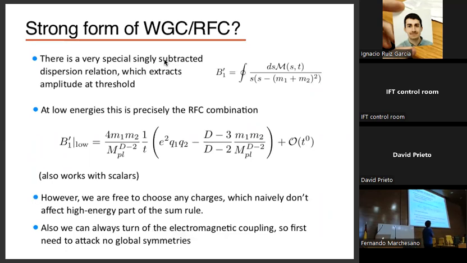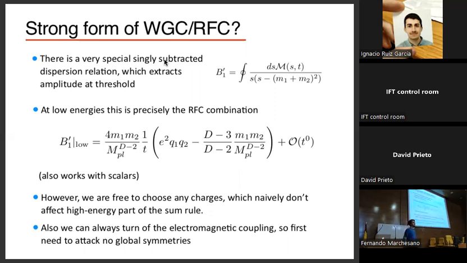So related to that, what if we want to prove something like weak gravity or this repulsive force conjecture? There's again a very nice single subtracted dispersion relation that extracts exactly the coefficient that you want to prove some of these conjectures, because the force is nothing else than the residue of the non-analytic part of the amplitude exactly at threshold.